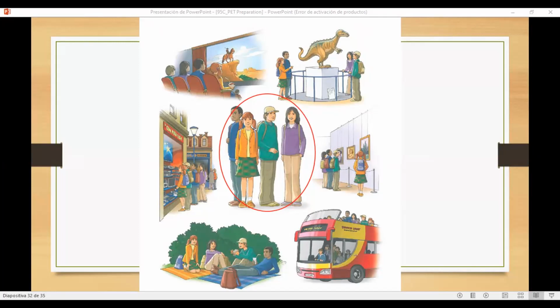Okay. Sí, ya tenemos entonces la instrucción. Ustedes saben lo que les he pedido. ¿Qué vamos a hacer? Van a hacer un diálogo cortito, ¿sí? Preguntándose qué actividad deberían hacer estos chicos en su día libre.